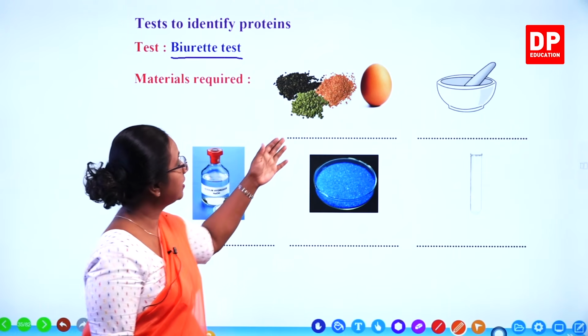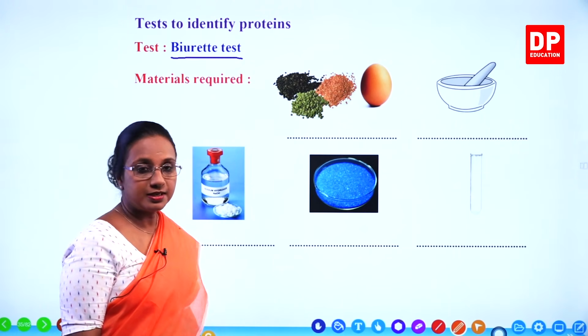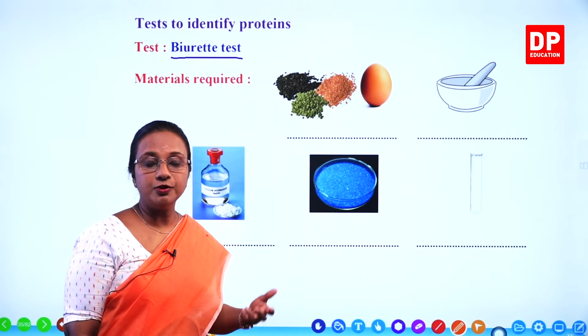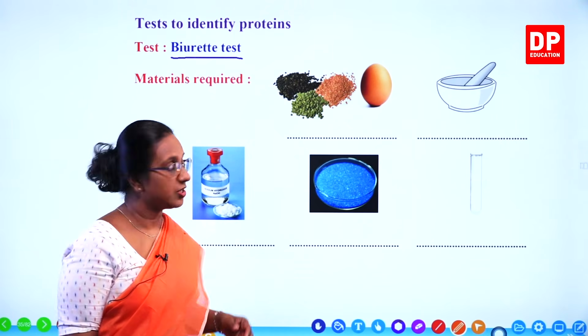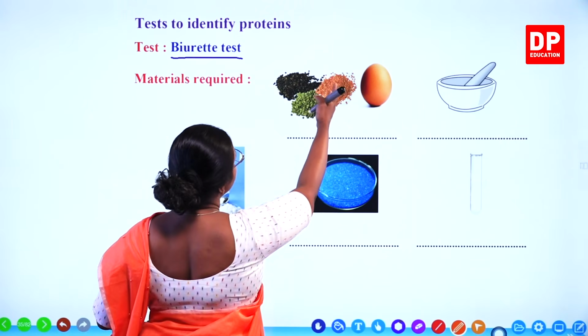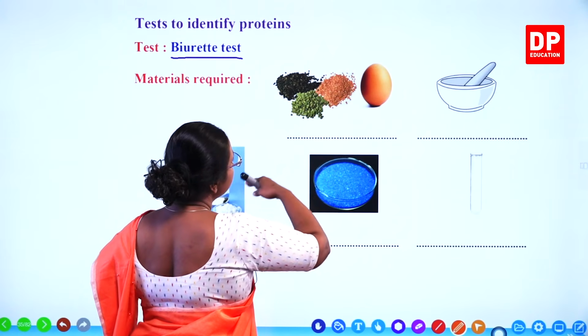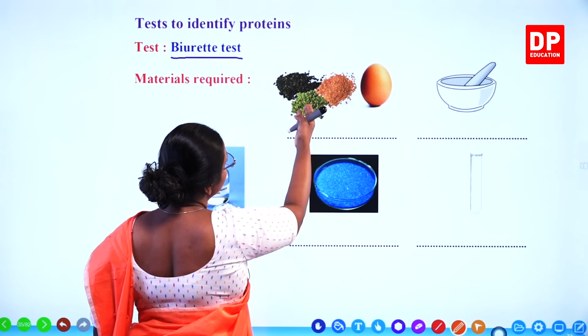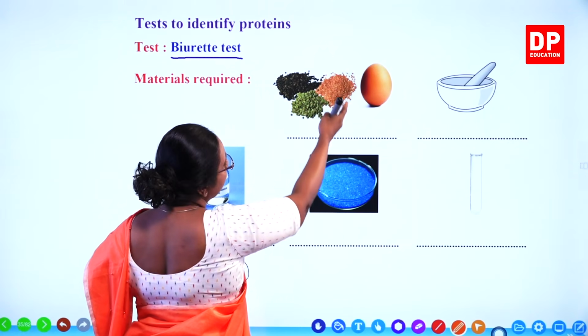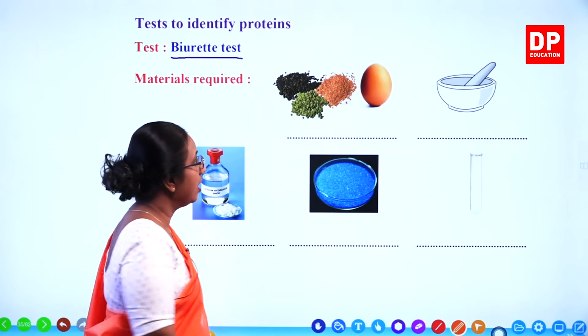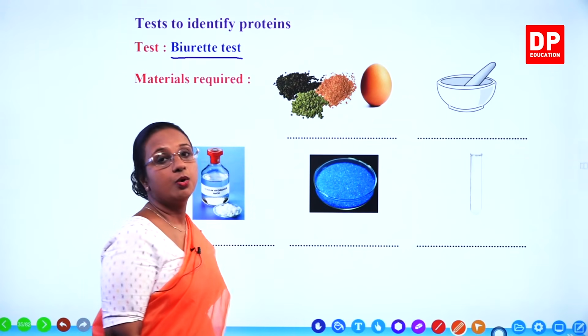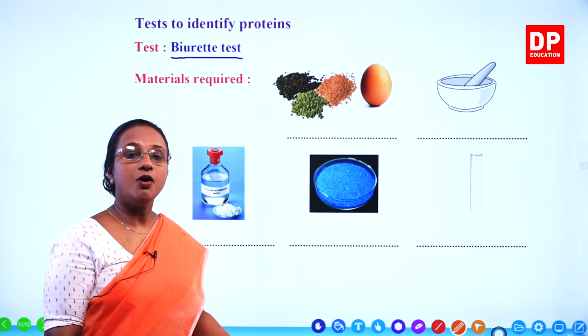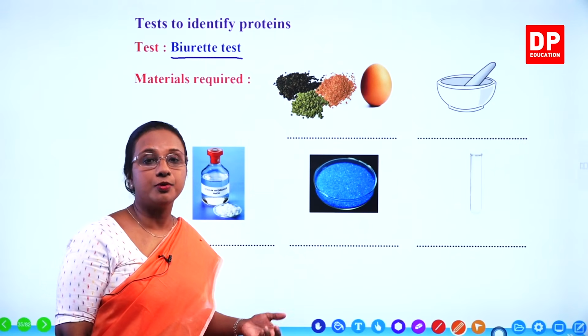The first one is a food that contains protein, a food rich in proteins. For this, we can use any type of cereal or lentil, dal, mung, green grams, or the egg white. So these are all foods rich in protein.